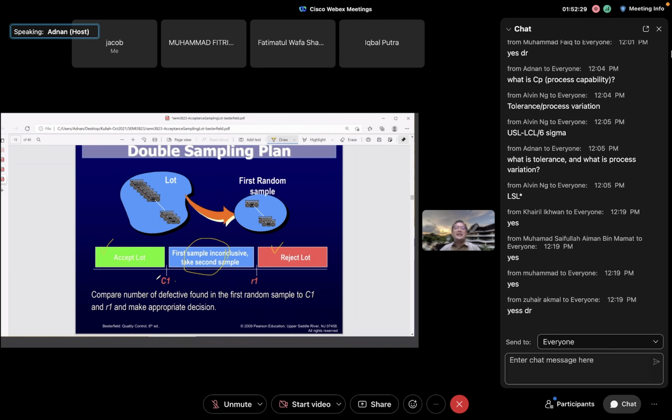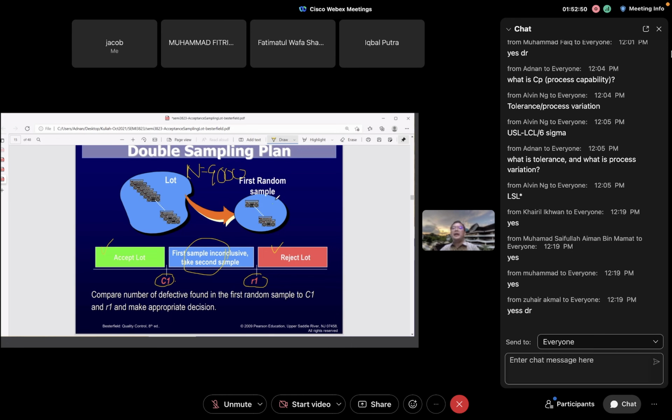C1 here means the acceptance number based on the first sample. R1 refers to the reject number after the first sampling. For example, you may have a lot size of 9,000.